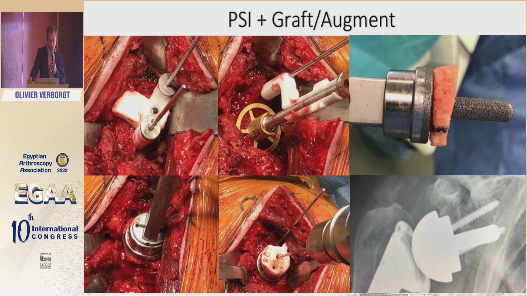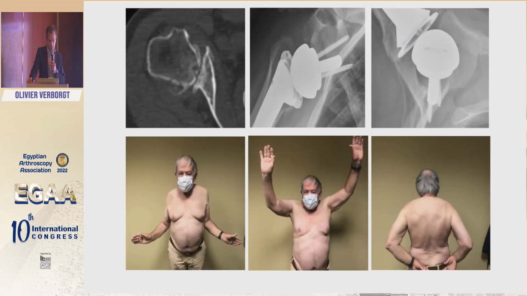And here again, we use the same type of technology, PSI, in combination with grafts, in order to reconstruct these difficult glenoids. This is another example of a patient with an important glenoid deformity, a B3 deformity, that we reconstructed with PSI and bone graft here.